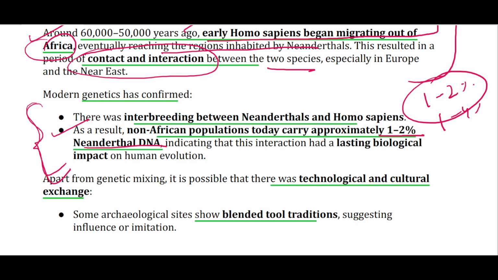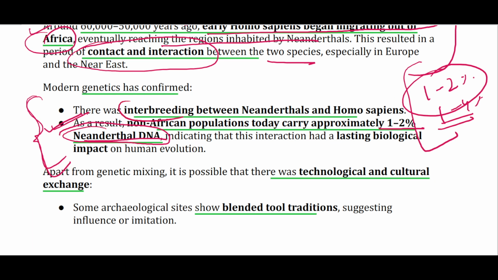The figure varies, but yes, the non-African population significantly carries a certain amount of this DNA, which suggests that they might have intermixed, they might have interbred.